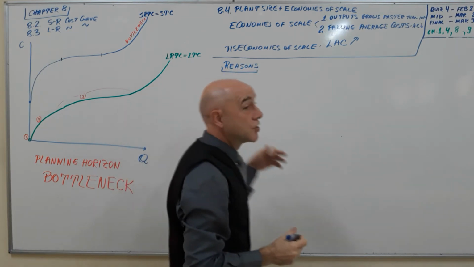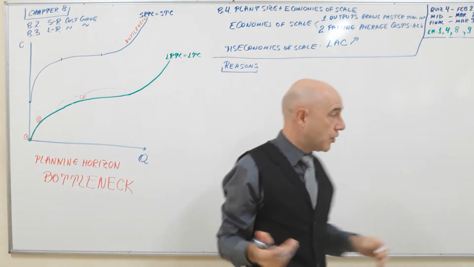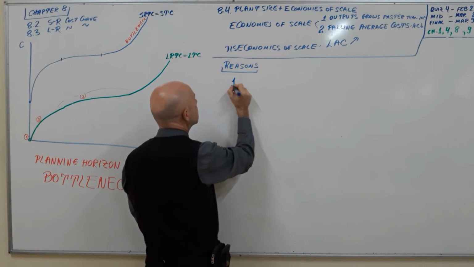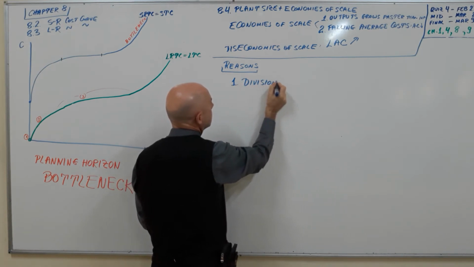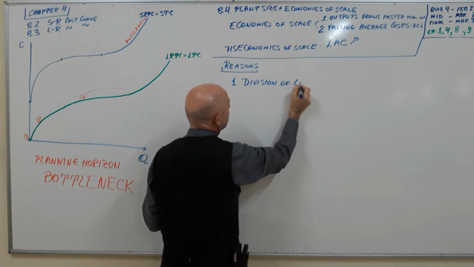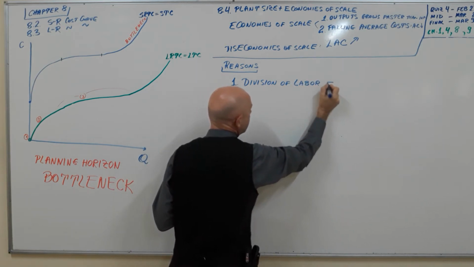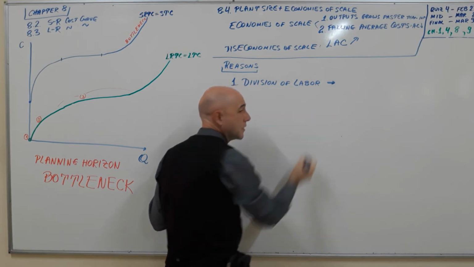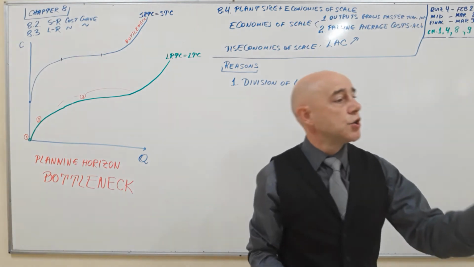Let's say, what are the reasons for economies of scale? We did it before. Number one, division of labor. Division of labor means you will do only this, and you'll do only that.